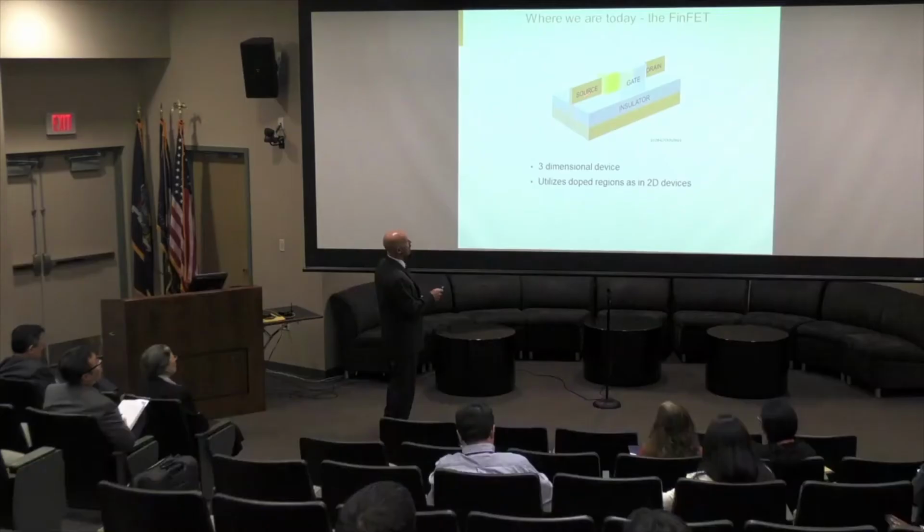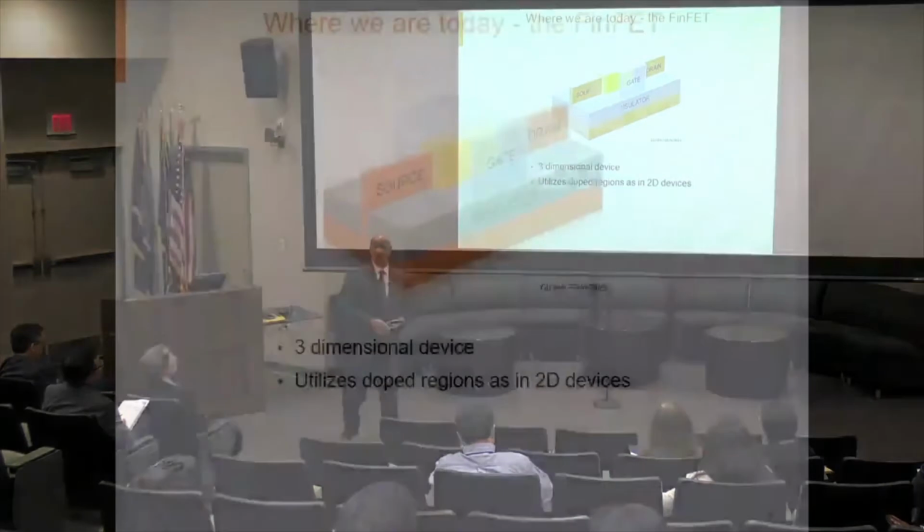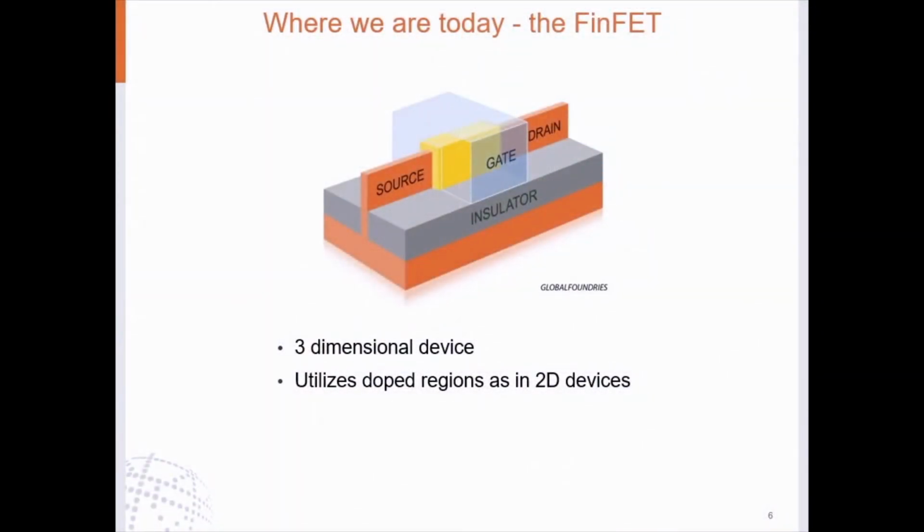So now we've gone to these three-dimensional devices. Okay, so basically we've got this gate material wrapping around the source and drain. And we're able to make these things a lot smaller using the process that Alan had shown. It's a very, very complex process to build these devices. But it accomplishes the objective.